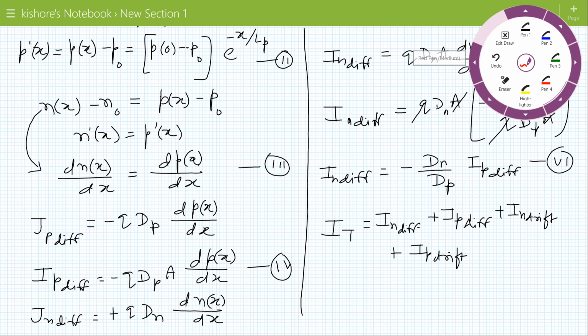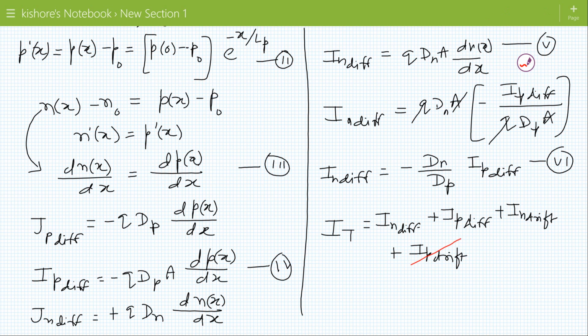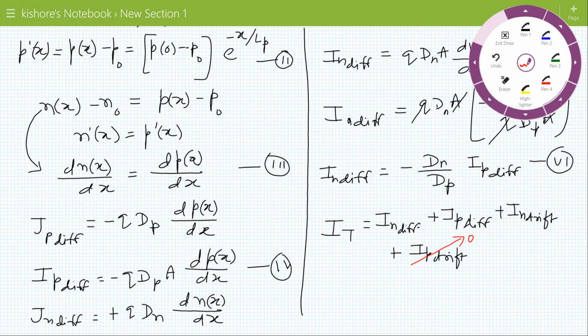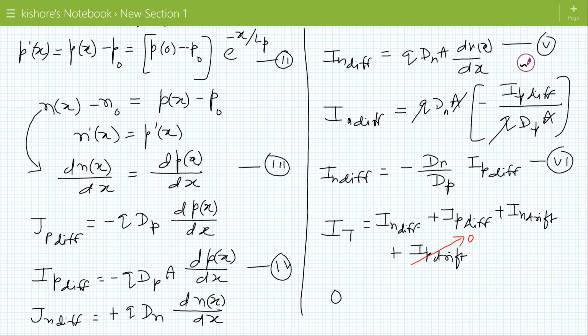In this case, holes are minority charge carriers, so this hole drift current is almost negligible, so we can simply eliminate this term, and total current is 0 because there is no external connection, so IT is 0. Now IN diffusion is minus Dn by Dp IP diffusion plus IP diffusion, and this electron drift current, which is because of the majority charge carriers, is n q mu n E.